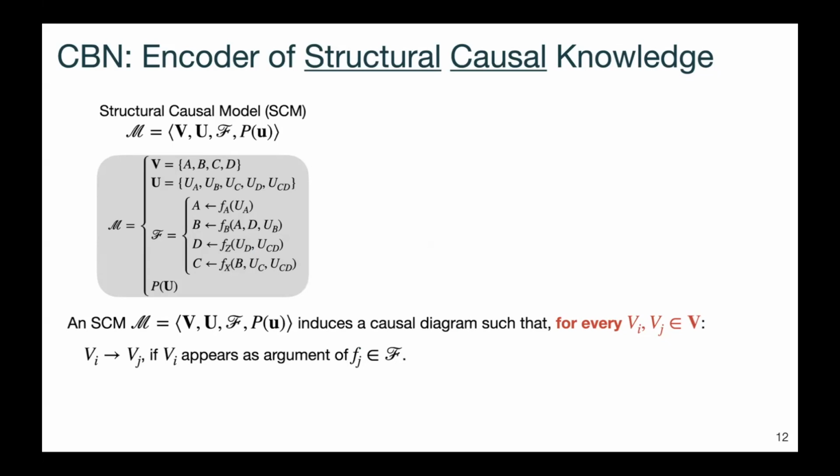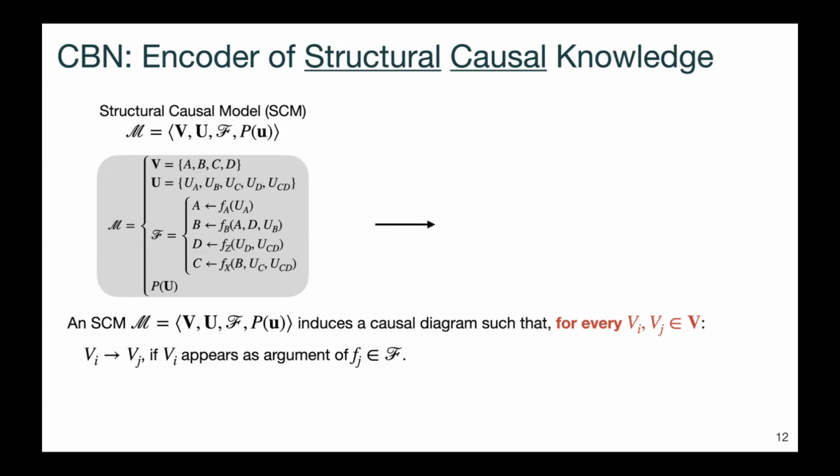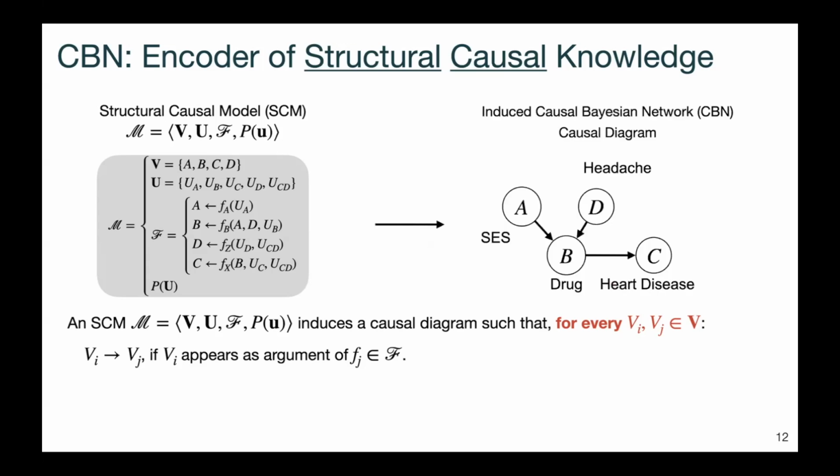So Vi is an argument of the function of Vj. In this example, B is an argument of C, A and D are arguments of B, and so on.